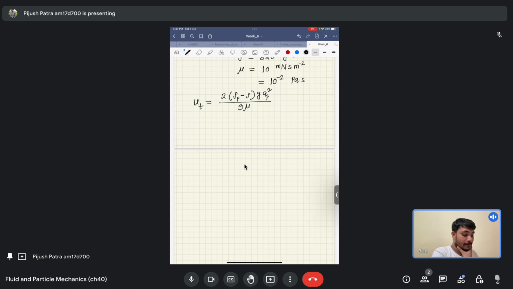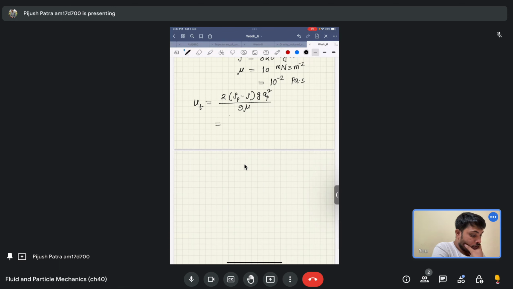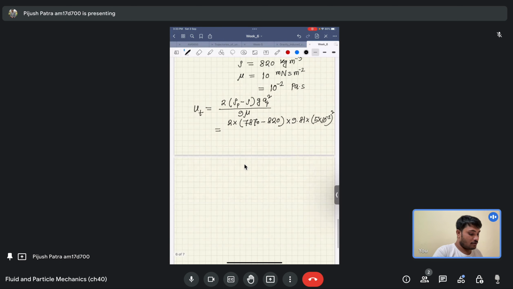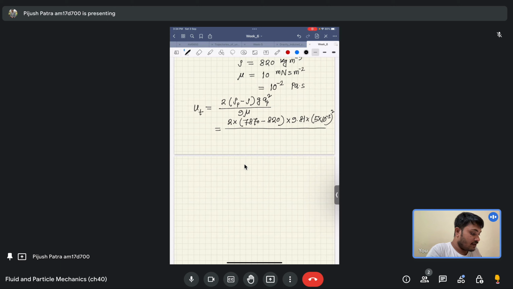So let me put the data. What will be that? 2, what is rho p? 7870 minus 820, g is equal to 9.81 meter per second square, ap is equal to 5 into 10 raised to minus 5 whole square, divided by 9 into 10 raised to minus 2.